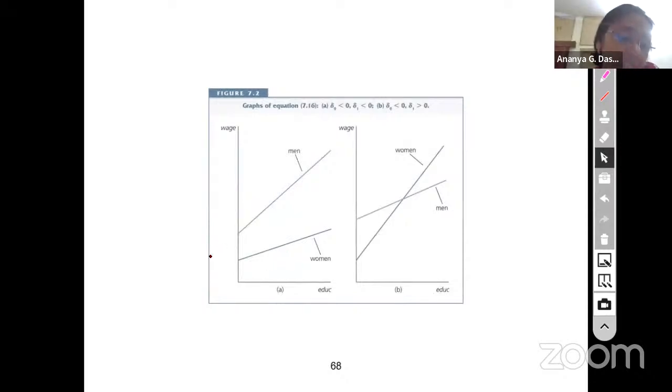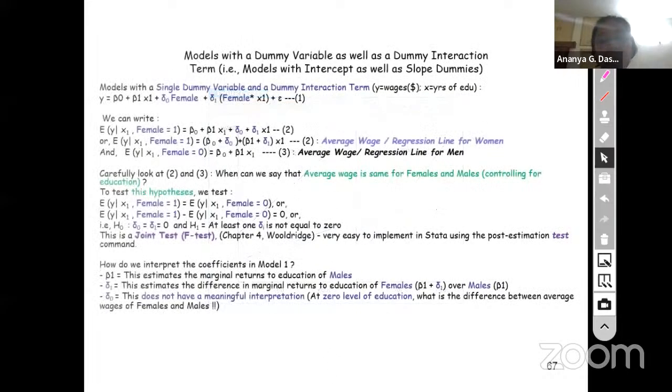These sorts of situations where you are not constraining the two regression lines to have the same slope. You're allowing them to have completely different slopes and different intercepts, right? As in this case. How do you accommodate this? Well, you accommodate this in the following way.